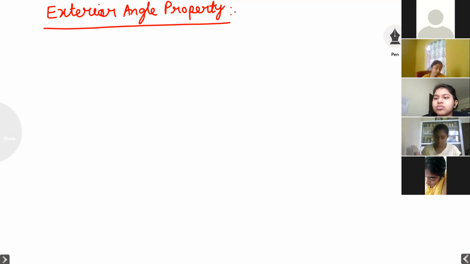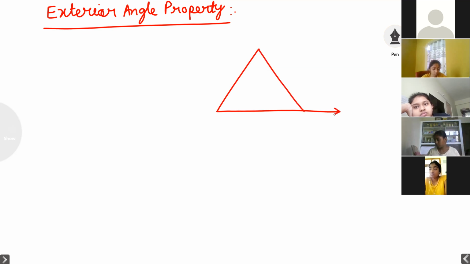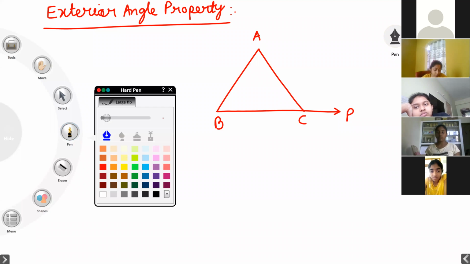Now concentrate everyone. All students, stop writing. Concentrate here. What is the exterior angle property?